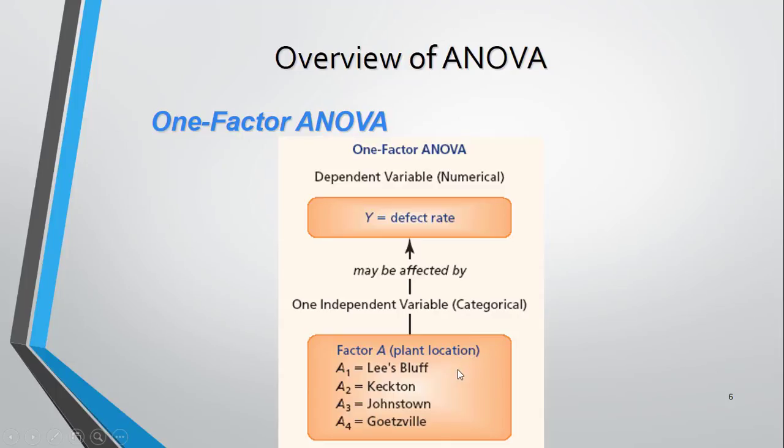The company has 4 plant locations: Lee's Bluff, Cacktown, Johnstown, and Goysville, right? A1, A2, A3, A4. Basically, we're examining to see if the defect rate is same across all 4 locations, or maybe one of the factory locations is doing better or worse than the rest.